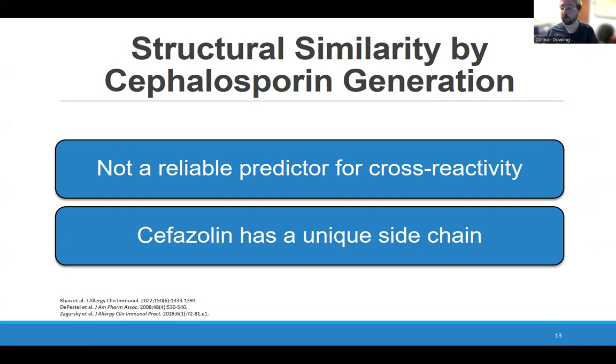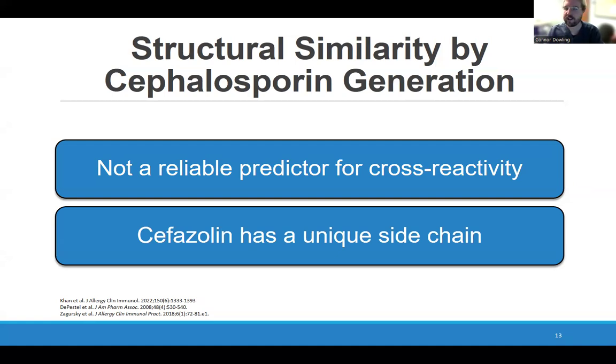A great example is cefazolin, which has a very unique side chain that is dissimilar from all penicillins and all beta-lactams. As we'll talk about more later in this presentation, cefazolin can be a great option when we need to use a beta-lactam, specifically for surgical site prophylaxis, even if we do or do not know we have a penicillin allergy.